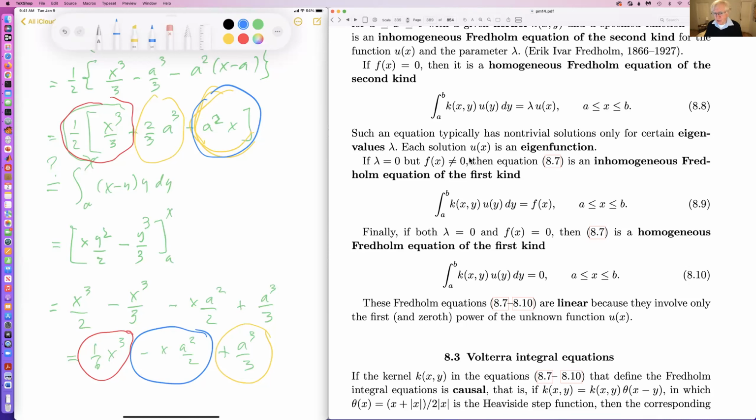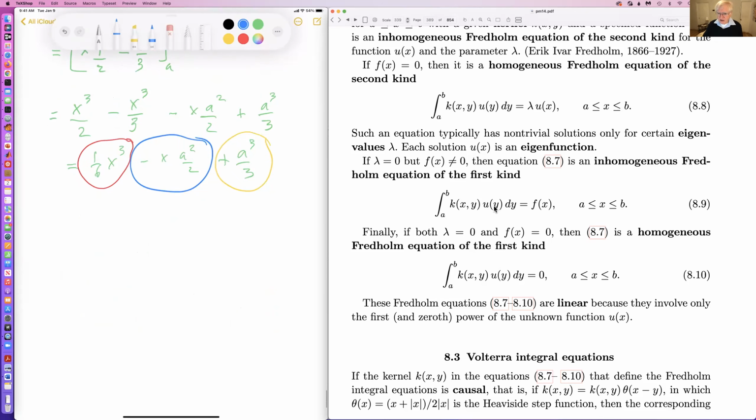If lambda is 0, but f is non-zero, then it's an inhomogeneous Fredholm equation of the first kind. So Fredholm's first kind of equation looks like this. Now this right here is frankly just a matrix equation.